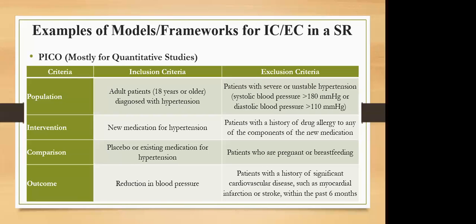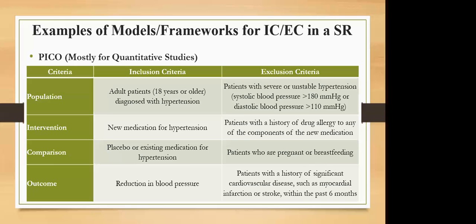So that is the explanation. Your inclusion criteria is going to play a very massive role in your study selection and other items that will be in your checklist for conducting your systematic review.